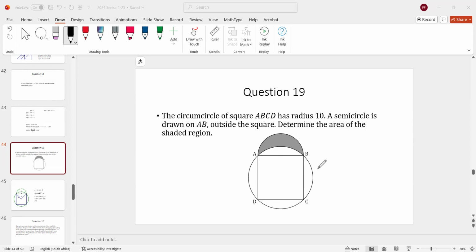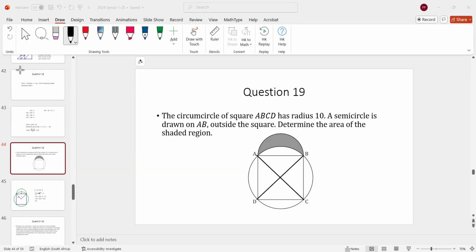Now, where is the center of the circle? The center of the circle will be where the two diagonals intersect. It's nice to know these facts. The squares are very heavily tested. So a square has got various properties, but amongst them, you've got that the diagonals are equal, and being a parallelogram, they bisect each other.